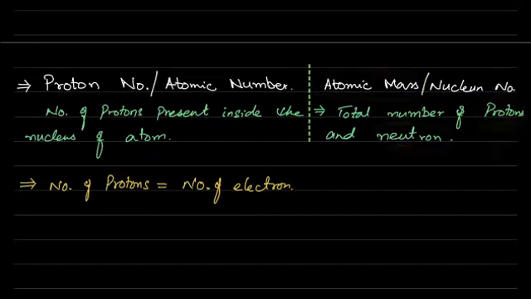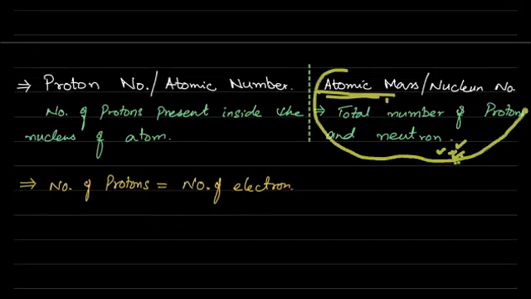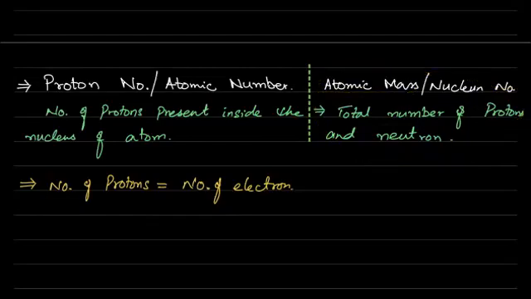Can anyone tell me why? Yes, Huzafa, excellent. The mass of an electron is 0, or a very small number, so we don't consider it in the atomic mass or nucleon number.